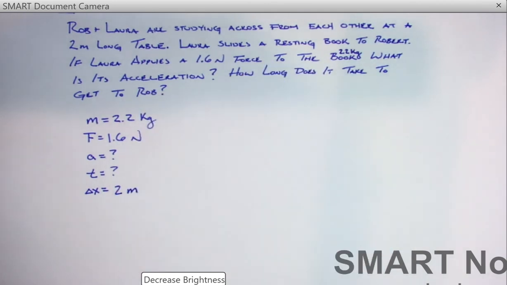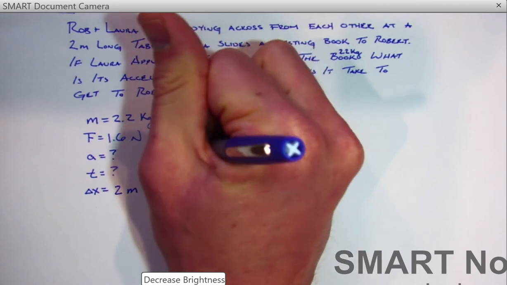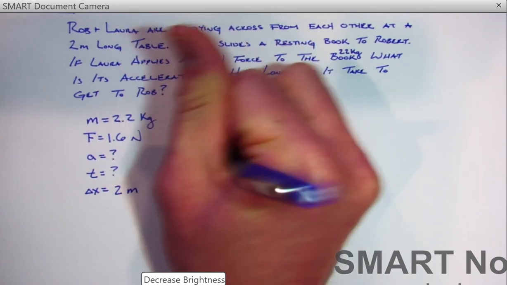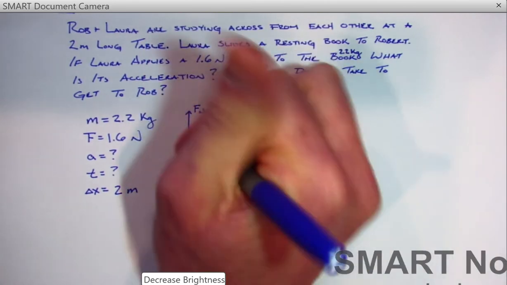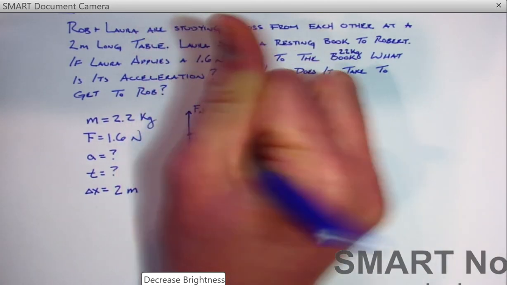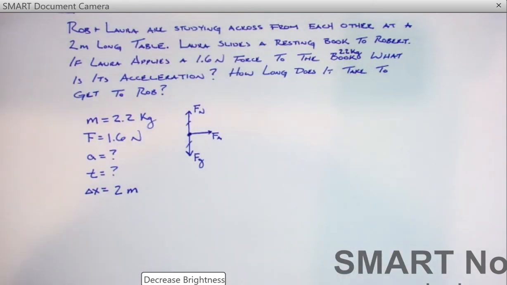So then the free body diagram of this is going to be there's some force of gravity, there's its normal force, and then there is an applied force here. And we're going to say that those two are the same. So there's our free body diagram.